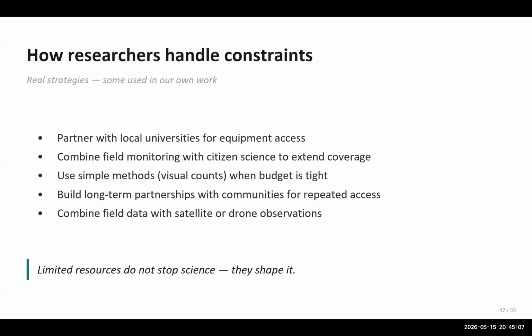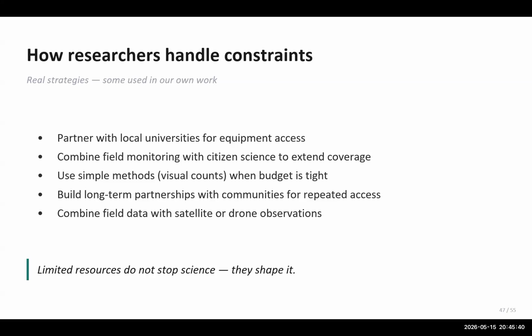Another thing would be to use very simple methods, for example, using visual counts when the budget is tight. When you don't have much money for very fancy experiments using equipment that costs a lot, sometimes you just need a reliable method that is easy to get, easy to apply, and you don't need much budget for that, and the information will be very useful anyway.